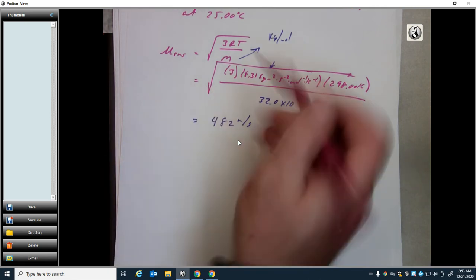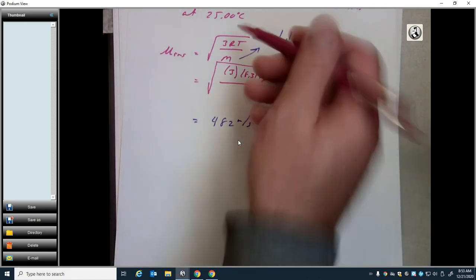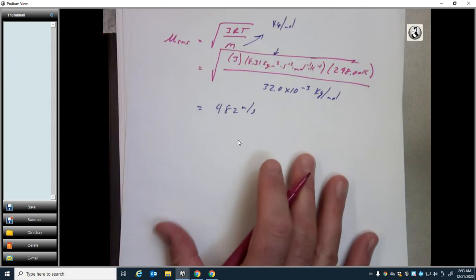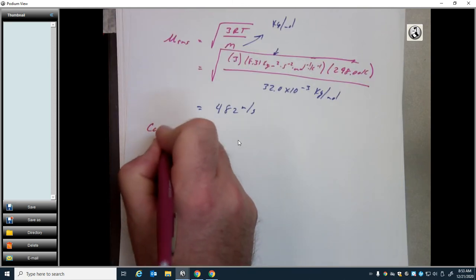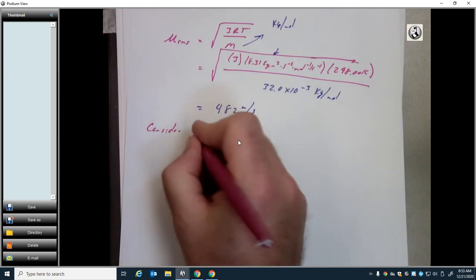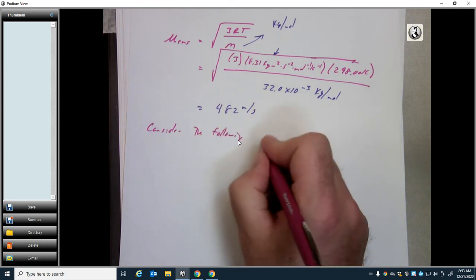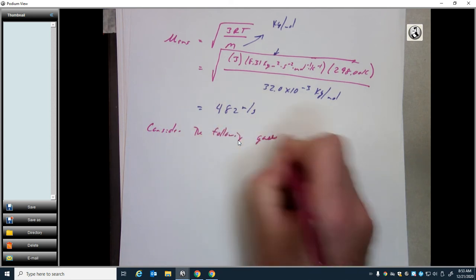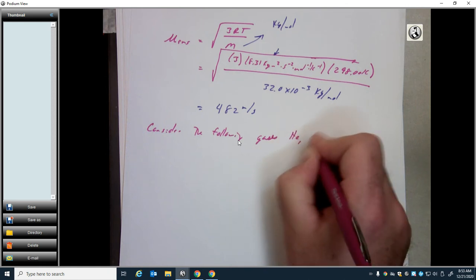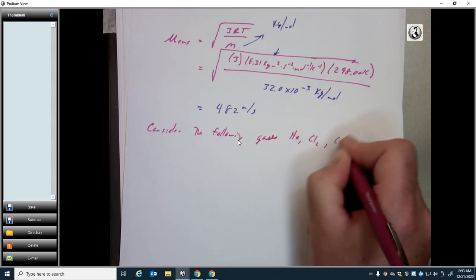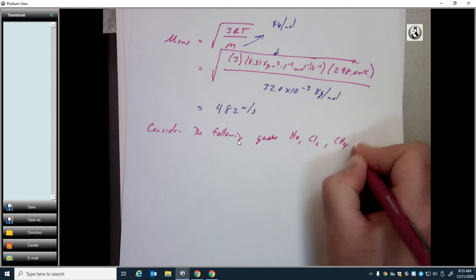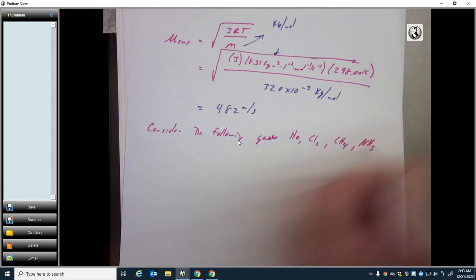Now, what's nice is we can use this to actually compare speeds of gases. So let's do that. Consider the following gases. We got helium and chlorine and methane and ammonia.